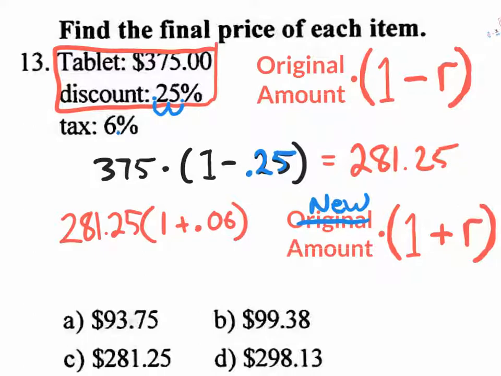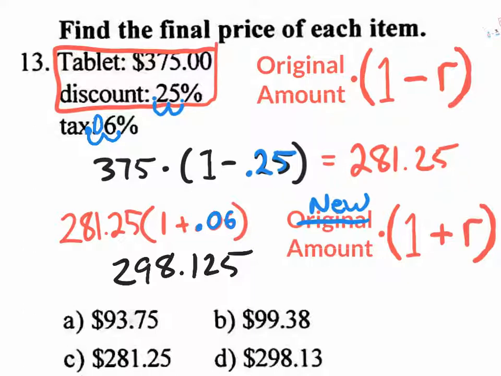So remember there's an invisible decimal out here. You need to move it 1 space, 2 spaces, and fill in that space with a 0. So that's really 0.06 that you need to type in. And of course, with the calculator, you get 298.125.